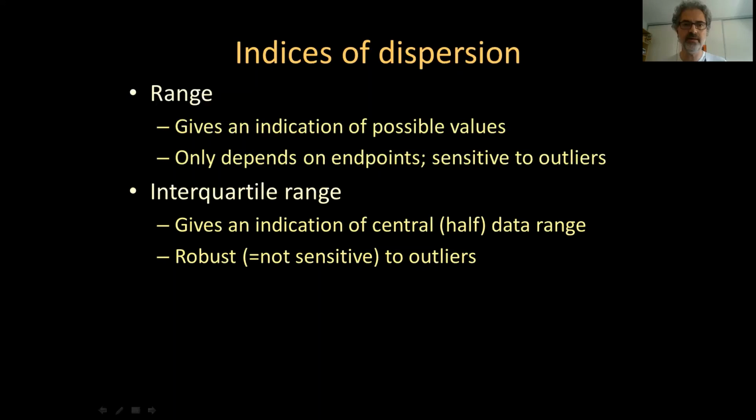The second one, the interquartile range, gives us a good indication of the central data range of half of our data. This means that it doesn't tell us anything about the other half. This could be a bad thing if you really want to know the whole range of your data, but it is a good thing if you don't want your index to be affected by potential problems.